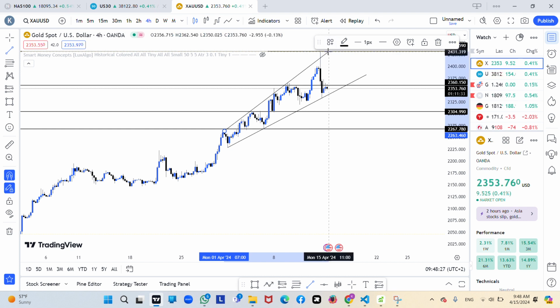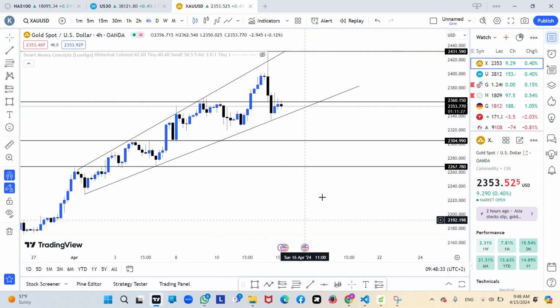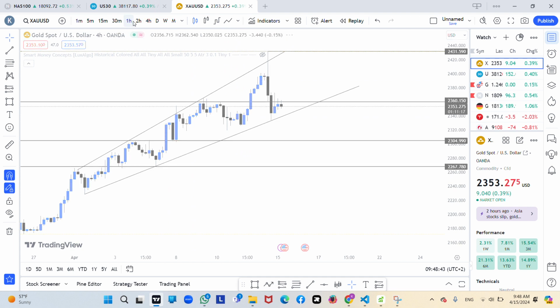I hope, guys, you still remember the buy setups that we had on gold. We can identify a demand right here, but let's go to the 1-hour time frame to identify it.